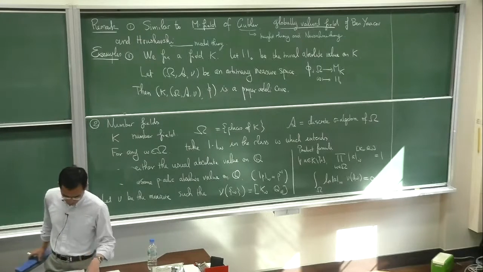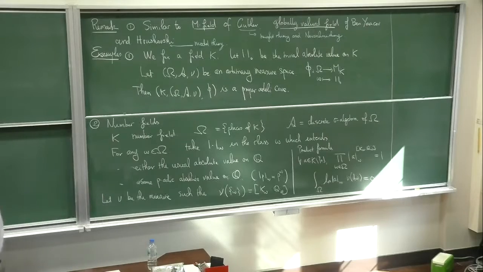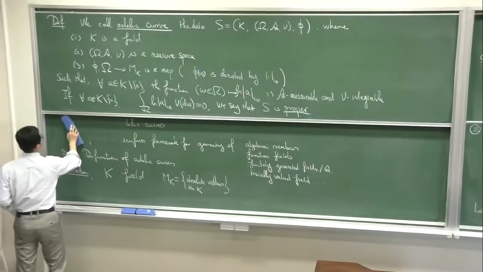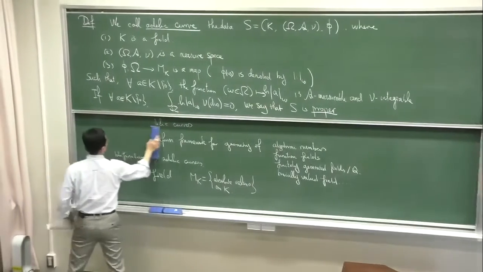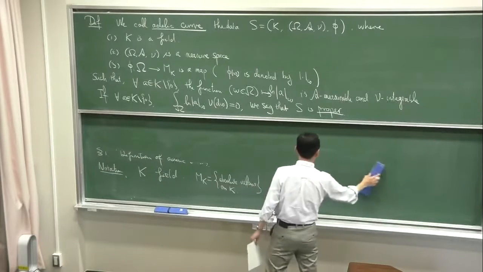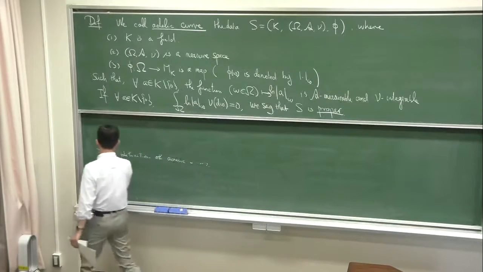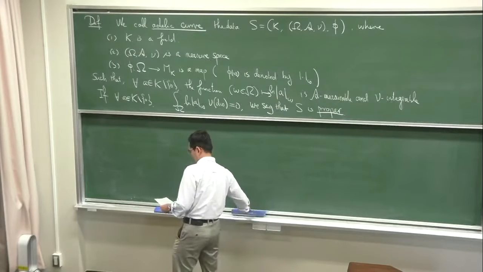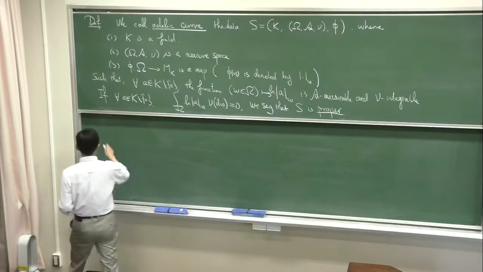Okay, so of course function fields are one of the examples. I would like to be a little bit more general, so I consider the function field of a higher dimensional variety.